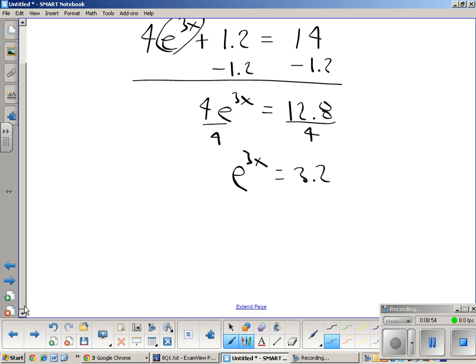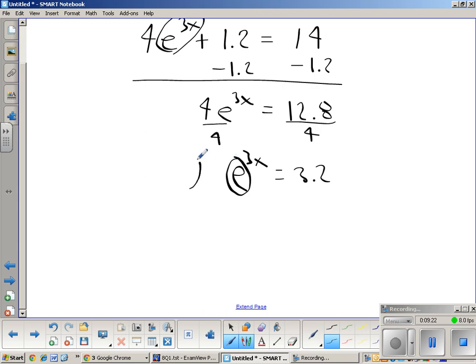Now, remember like yesterday when we solve for an exponent, we have to take the log of both sides. Well, we can do this identical to yesterday if we want. We can go log of e to the 3x equals log of 3.2. But because the base is an e, natural log is the easiest way to go.